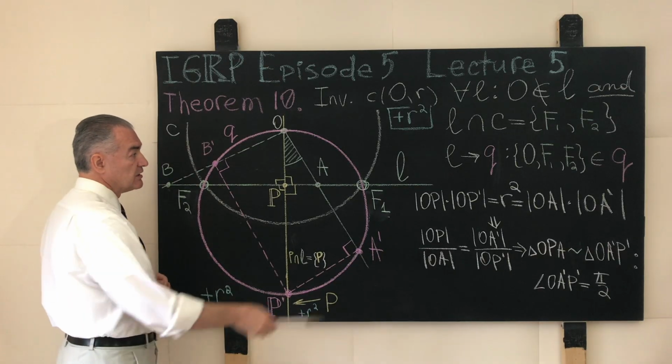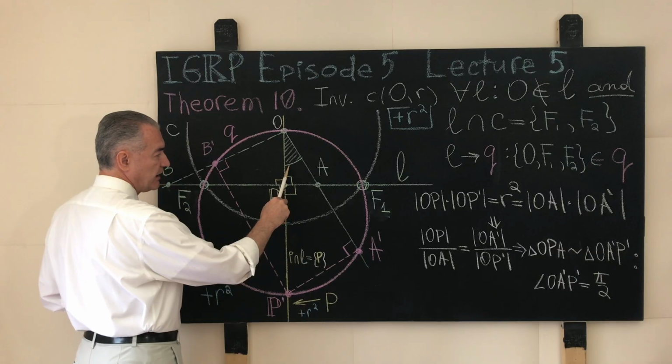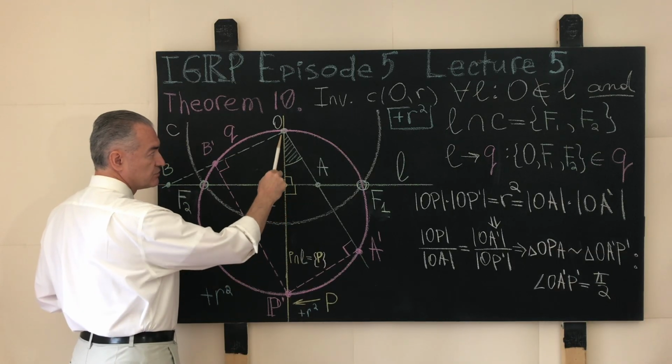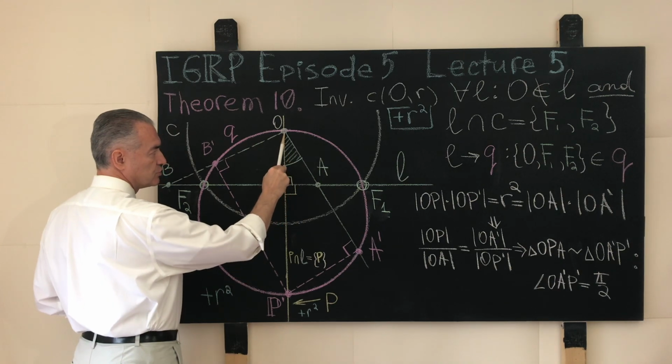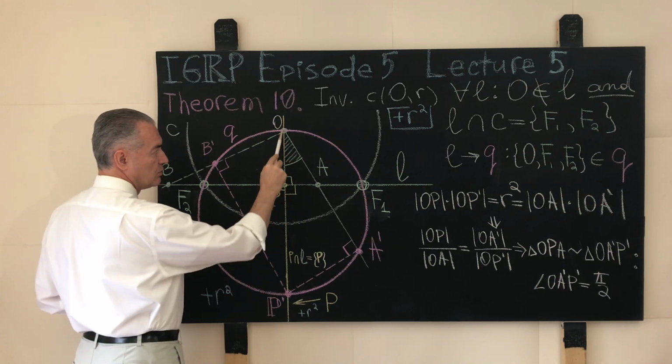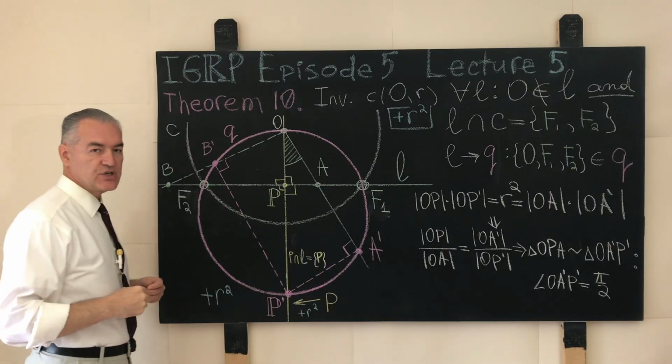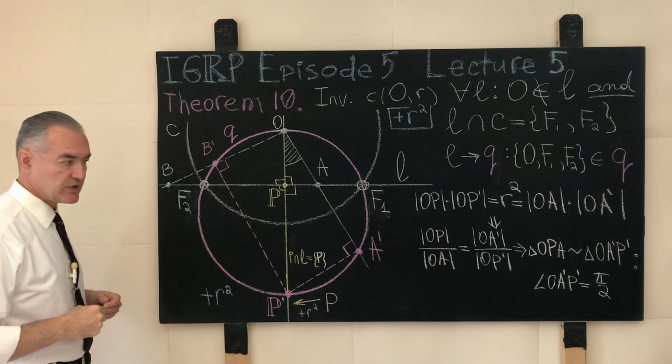Now, the interior angle of this right triangle OPA at the vertex O, or the angle POA, is shared with which triangle?